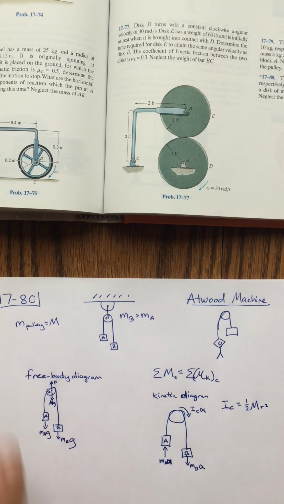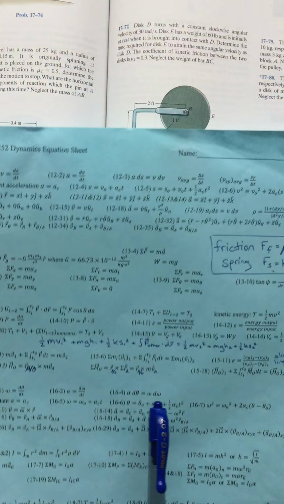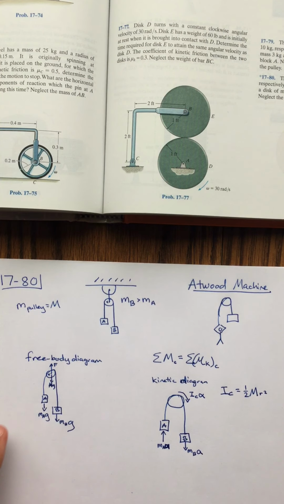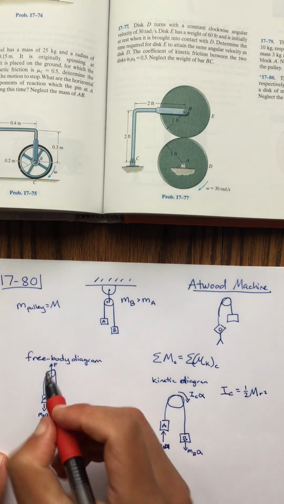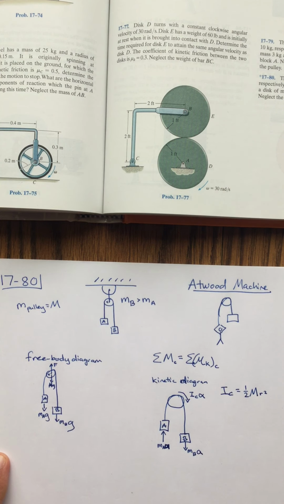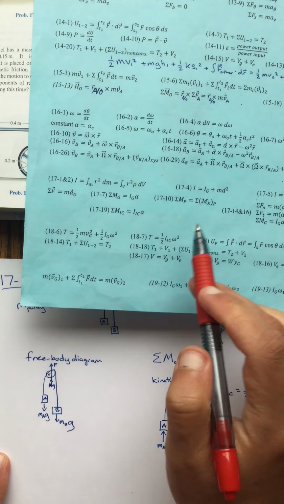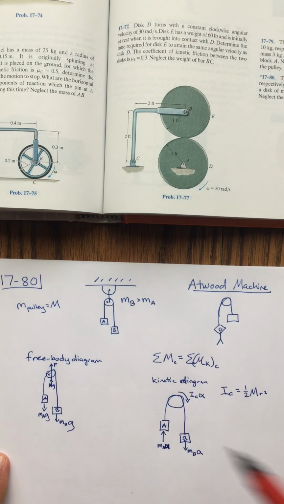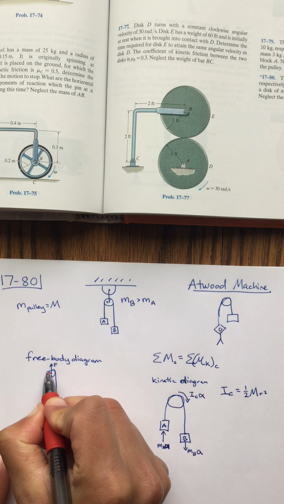Okay, now when we find the moment, we do the vector r crossed with the force. The vector r goes from point C to where the force is acting, and since we are doing the cross product here, it's only the perpendicular component of that vector which is going to contribute.